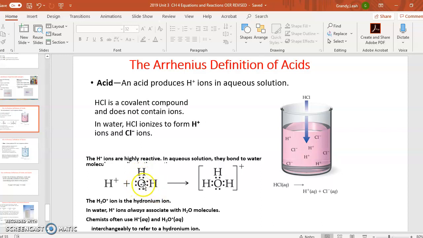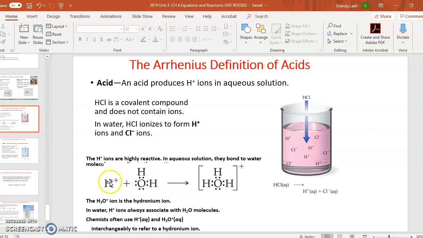So oxygen gets a slightly negative charge on this end, and these two hydrogens are slightly positive, because the shared pairs are pulled closer to oxygen. If those electrons being shared come closer to oxygen, it obtains a little bit of a negative charge because electrons are negative. So it's a slightly negative end here and 2 slightly positive ends.